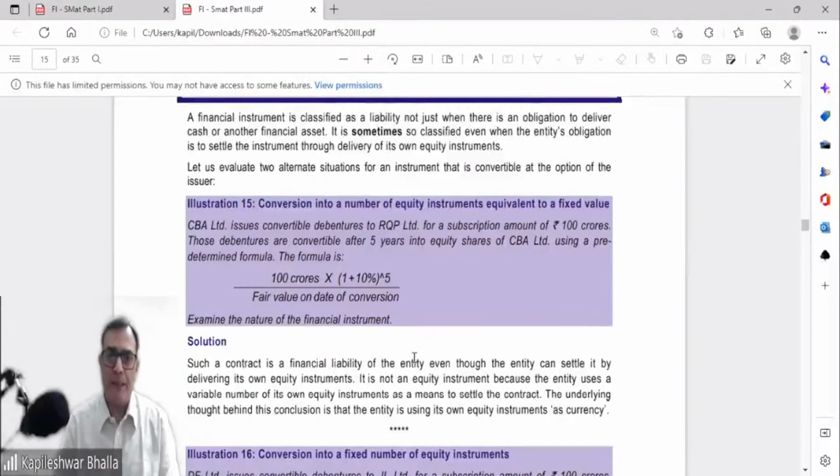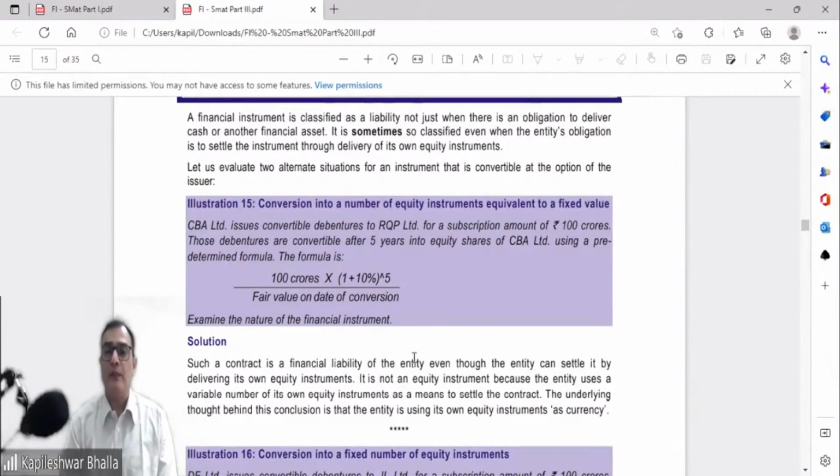Then it is being divided by the fair value on the date of conversion, that means after 5 years. So when you divide it by the fair value on conversion, can I say in this particular case the number will vary? If the fair value is 500, you'll divide by 500. If the fair value is 400, you're going to divide it by 400.